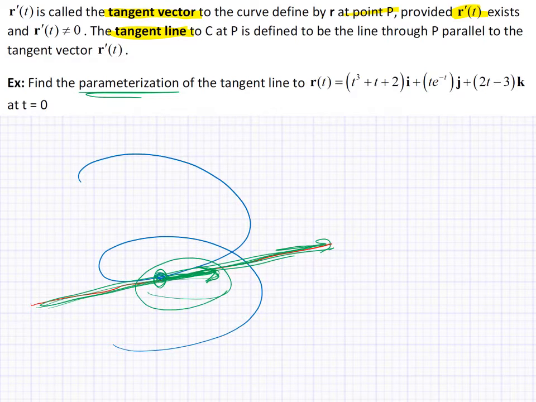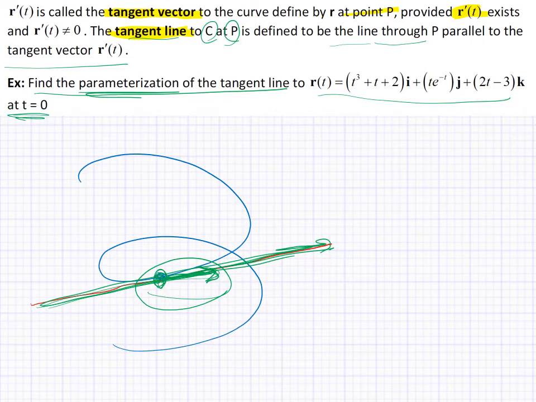Having that tangent vector and that point, you have everything you need to answer a question like this, where we want to write the equation of the tangent line. The tangent line to C at P is defined to be the line through P parallel to the tangent vector. So we would have to find the tangent vector at this location, which gives us our vector parallel to the tangent line.